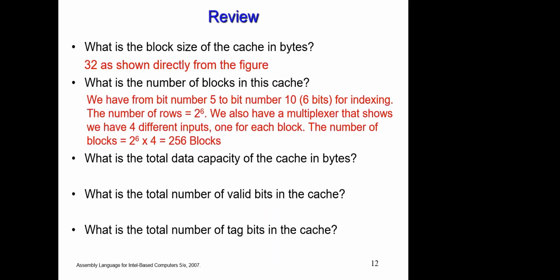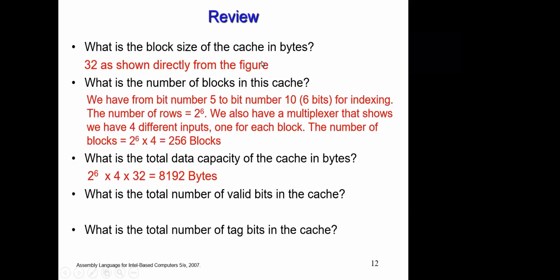So what is the total data capacity of the cache in bytes? With the total number we have, 256 blocks, and 32 bytes for each, so we have all of these number of bytes.